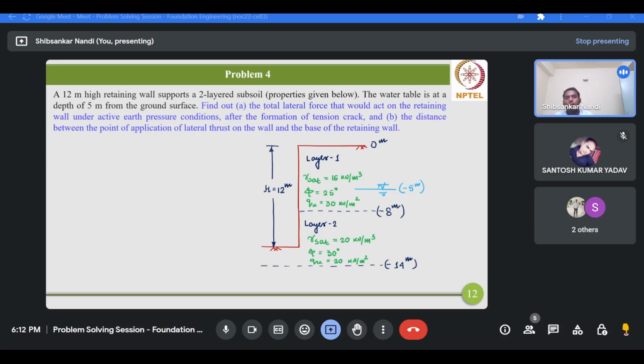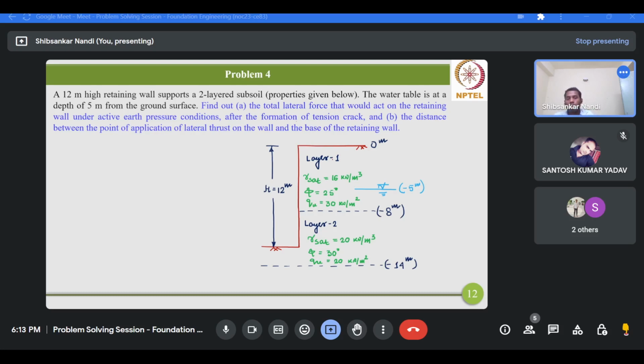First of all, the total lateral force that would act on the retaining wall under active earth pressure conditions after the formation of tension crack. So this is component A, and for component B we have to find the distance between the point of application of lateral thrust on the wall and the base of the retaining wall. So this is the problem statement.